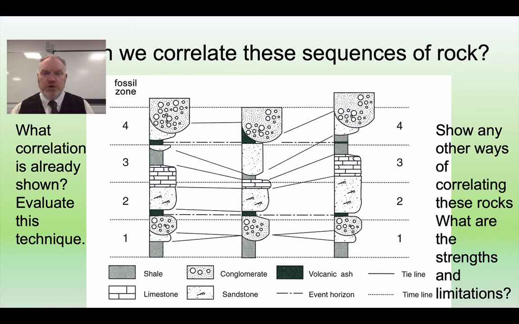This technique also shows us how sedimentary environments can change laterally. So we can have different types of deposition happening at the same time in slightly different places. So as a technique, it's a really important one.